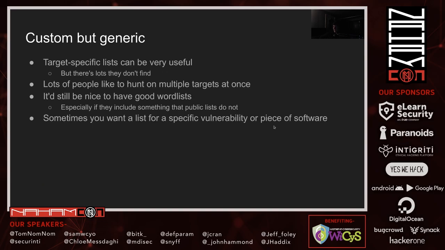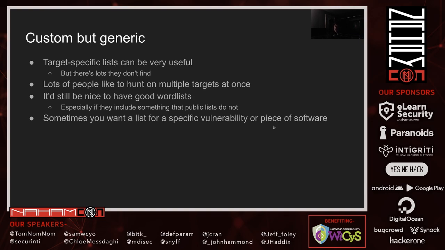So another thing that I think could be really useful, but is a little bit different, is lists that are custom, but still a little bit generic. A lot of people like to hunt on more than one target at once, myself included. It'd still be nice to have good word lists, and preferably ones that include some things that those public lists don't, so that you can be finding some things that other people don't.